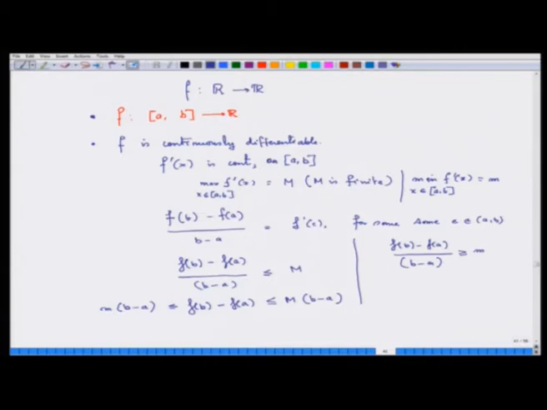This is a fact that you can get immediately from the mean value theorem, but it doesn't tell me anything more.